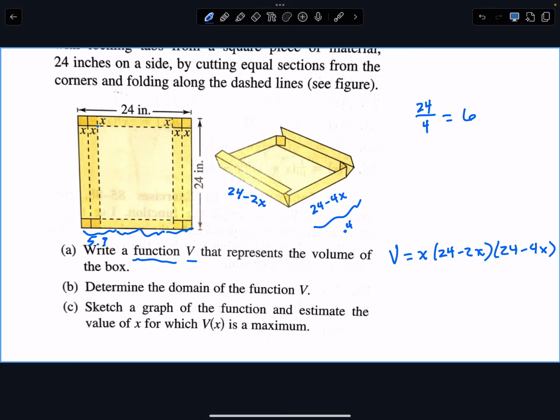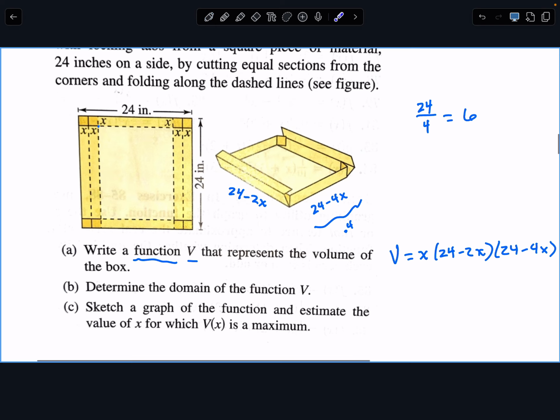Not very practical, right? But theoretically, it can be that way. So if I let X be 6, that would not leave any length for this side. So I can approach 6, but it can't be 6, theoretically. And it has to be positive, or you won't have any height to the box. So that is the domain.